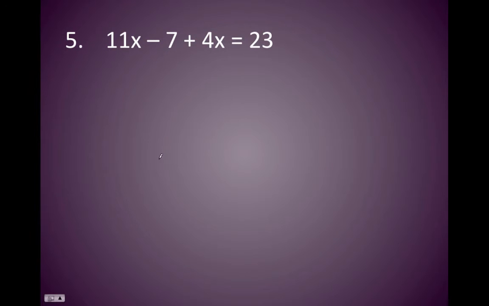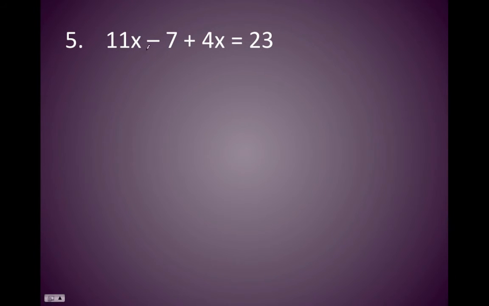Last problem. We had 11x minus 7 plus 4x equals 23. Notice we have like terms on this side. We have 11x's here and 4x's here. This one's positive. This one's also positive. We can combine like terms. The reason we can do that is the commutative property of addition and subtraction says that we can move these around any way we want. 11x, negative 7, plus 4x.